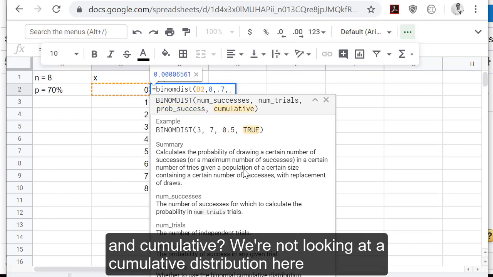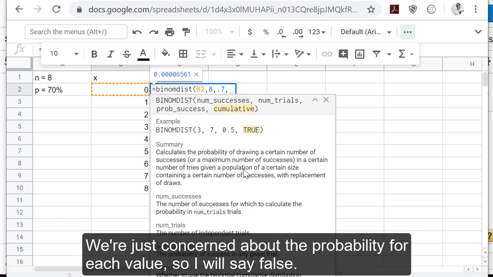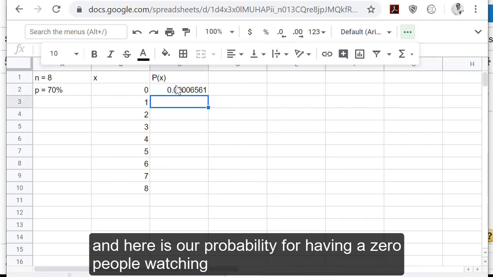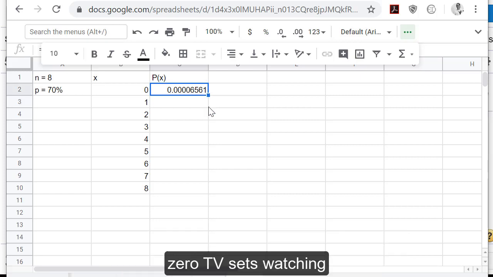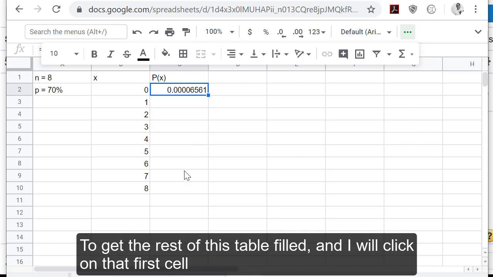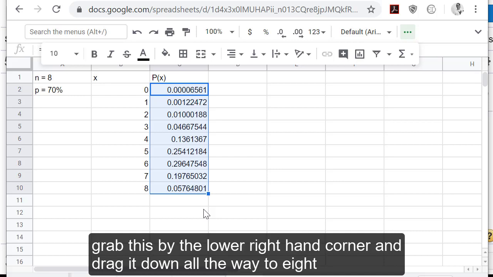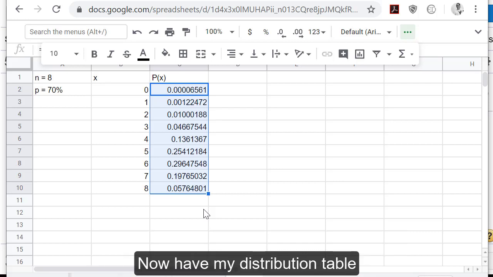And cumulative, we're not looking at a cumulative distribution here. We're just concerned about the probability for each value. So I will say false. And here is our probability for having 0 TV sets watching. To get the rest of this table filled in, I will click on that first cell, grab it by the lower right hand corner and drag it down all the way to 8. Now I have my distribution table.